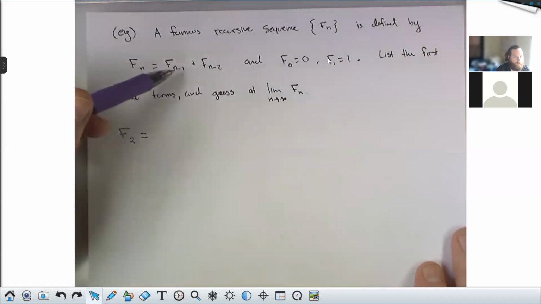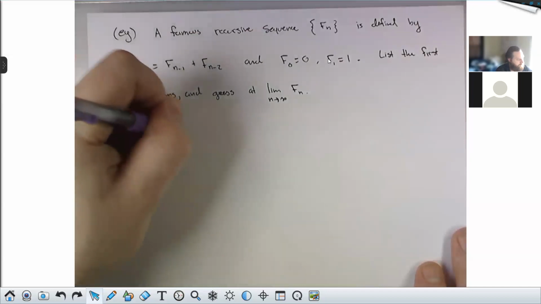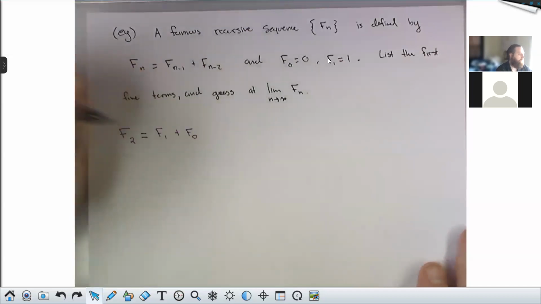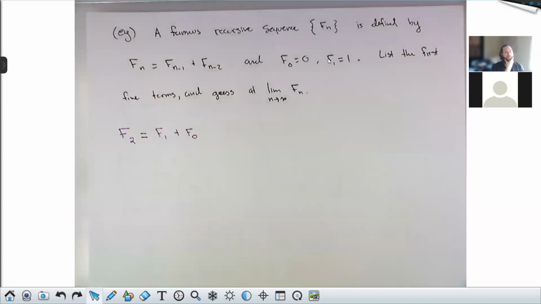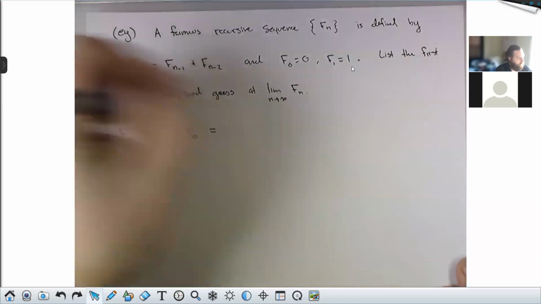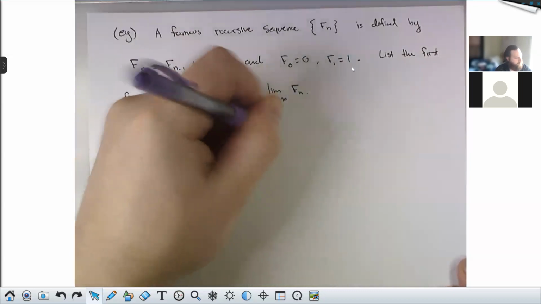Over here, I get F sub 2 minus 1, that's F sub 1, plus F sub 2 minus 2, that's F0. F0 I was told is 0. F1 I was told is 1. So this is 1 plus 0, which is 1.